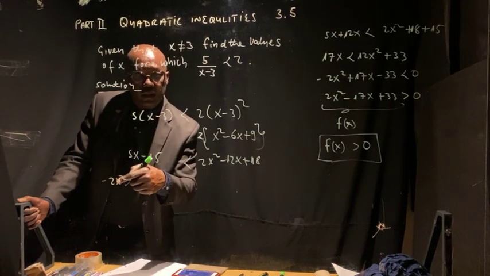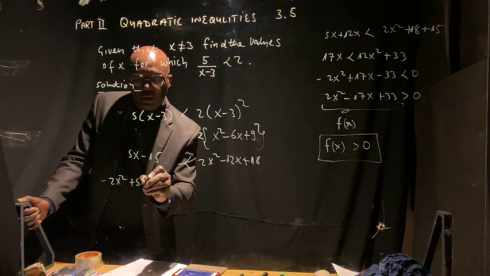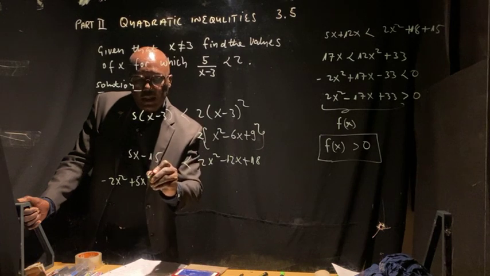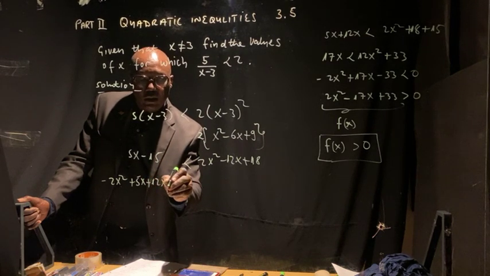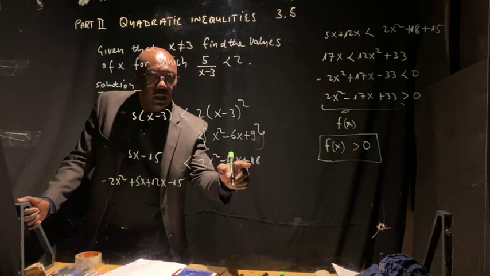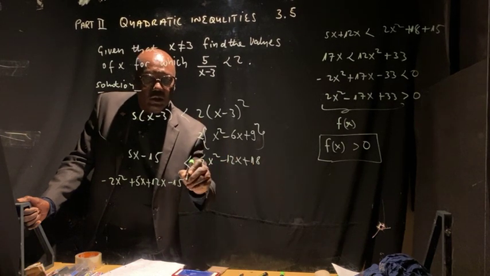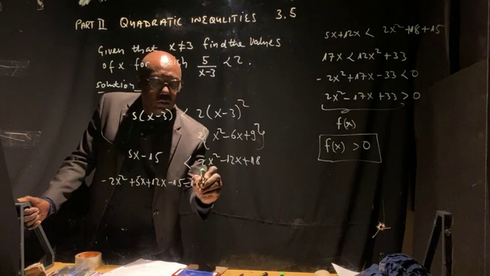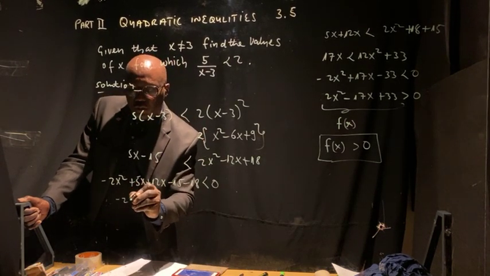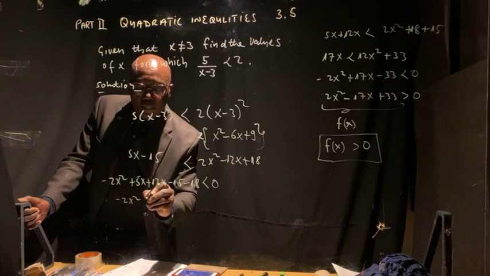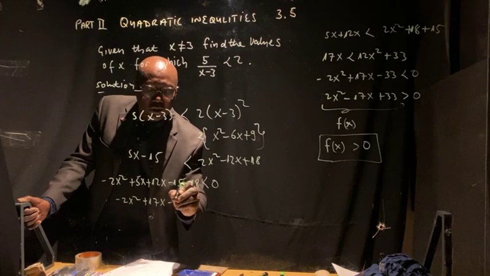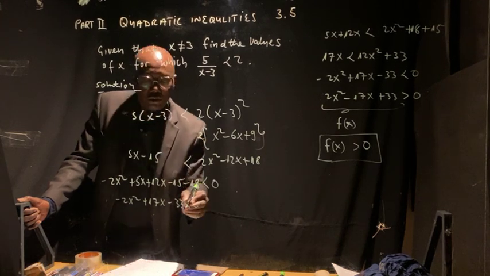It has come to this side, plus 5x is already there, so the minus 12x will come to this side to become positive 12x, and then we have 15 which is already there, and then we'll bring the 18 to this side. It will be minus 18. Then we'll be left with 0. So we have minus 2x squared plus 17x minus 33 is less than 0.